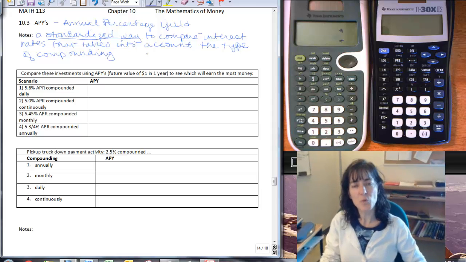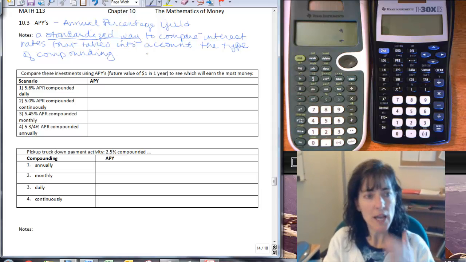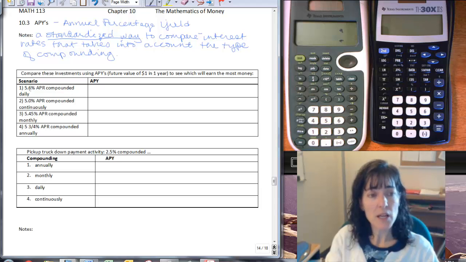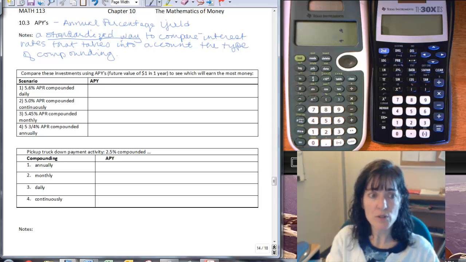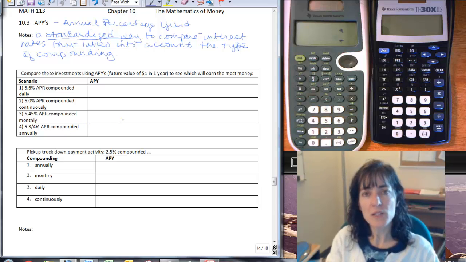That means that I can look at several different types of accounts, like say this 5.6% APR compounded daily versus a 5.0% compounded continuously versus a 5.45 compounded monthly versus 5 3/4% compounded annually, and figure out which one is going to yield me the most money, given that I deposit the same amount of money in all of those accounts and then leave it in there for the same amount of time.